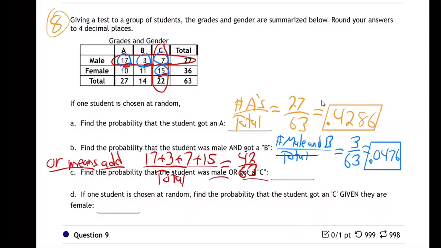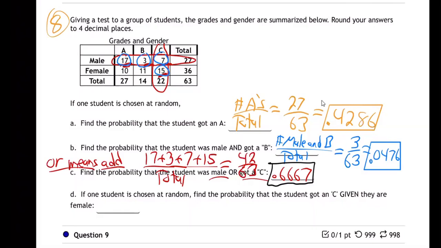So I'm getting 0.666. 6 is forever, so the last spot has to round to a 7. Remember, because they want 4 decimal places. Does that make sense? I know that's tricky for people. Or means add. You've got to add up the various sections. So I had to add up the 17, 3, 7, and 15. Those are all the people that are male or got a C.